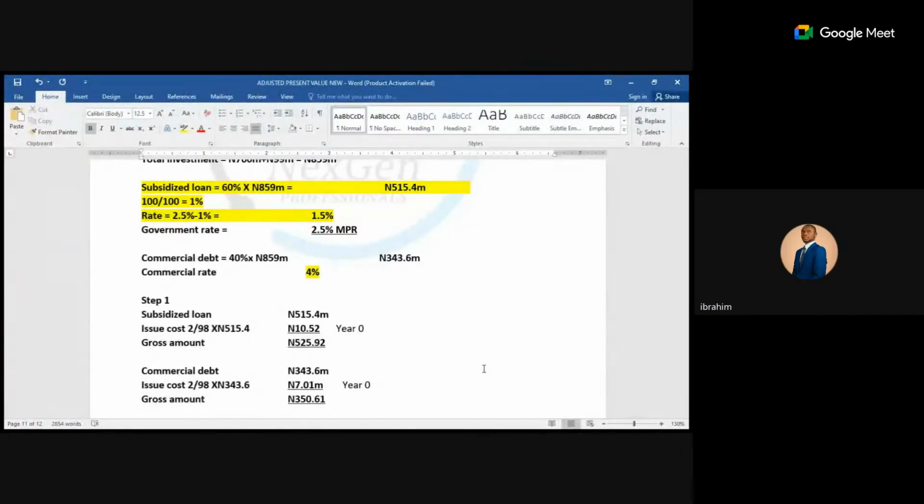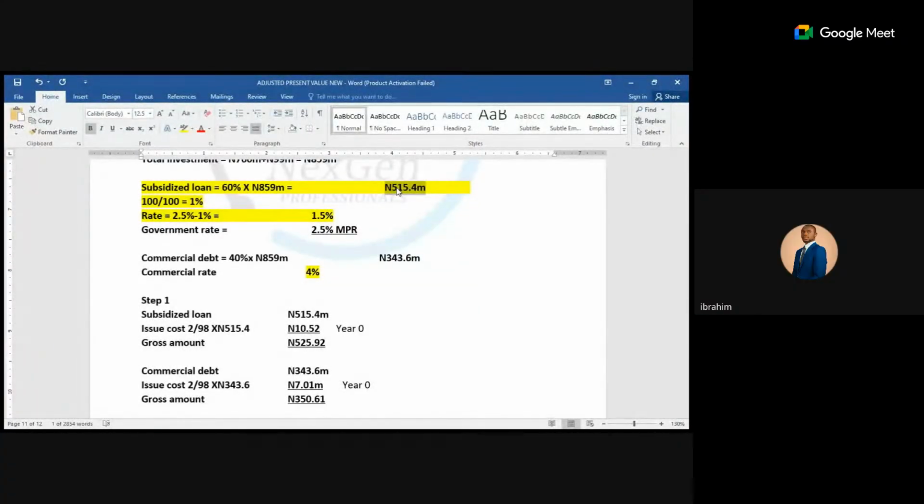If we look at the first question we solved, under the tax savings on interest costs, we used the entire 515.4 because there is no issue cost on the subsidized loan.